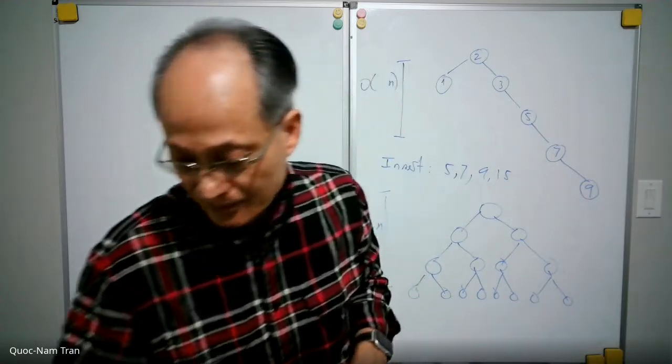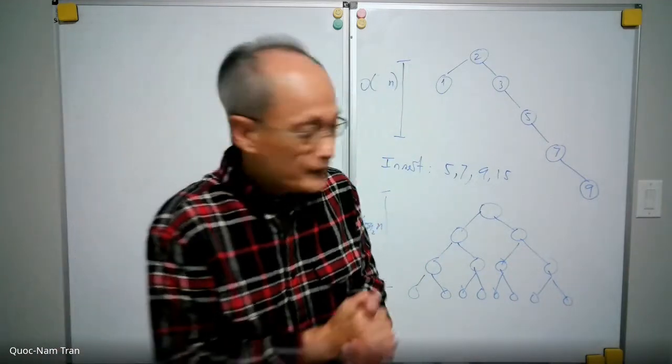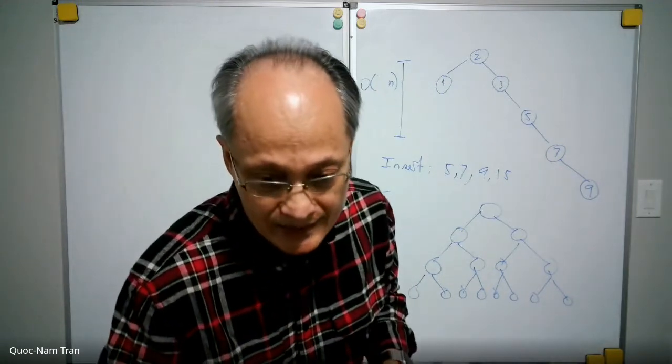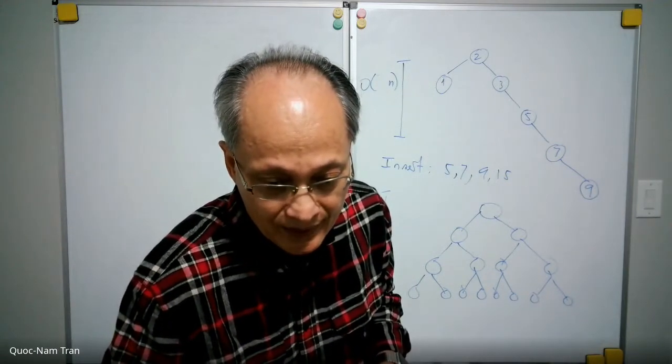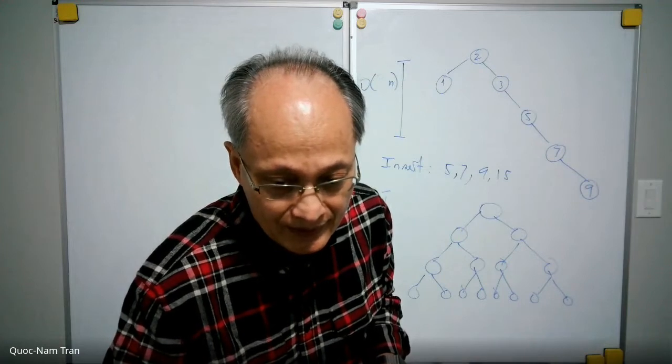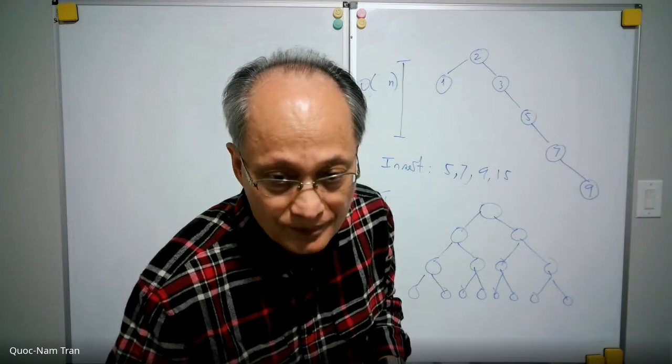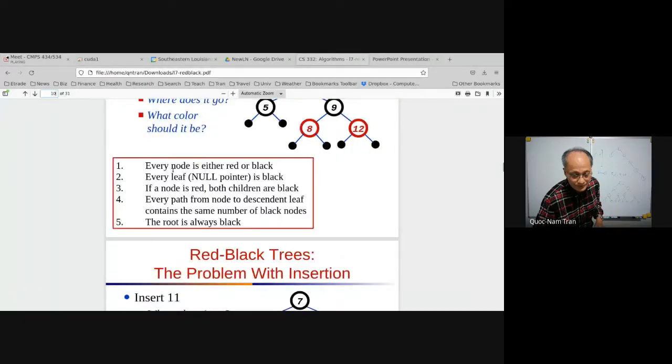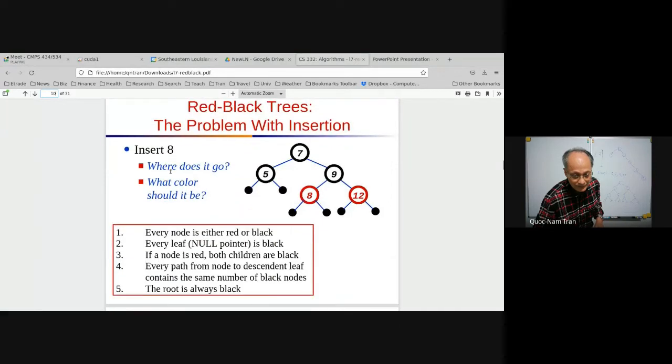Okay, so let me show you one example here. On the shared screen, we have a red-black tree. As you can see, a red-black tree is a binary search tree.